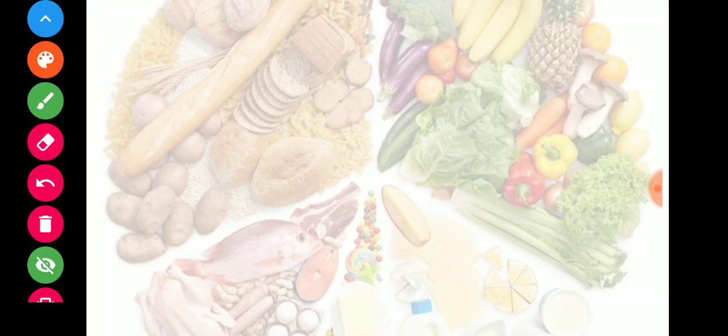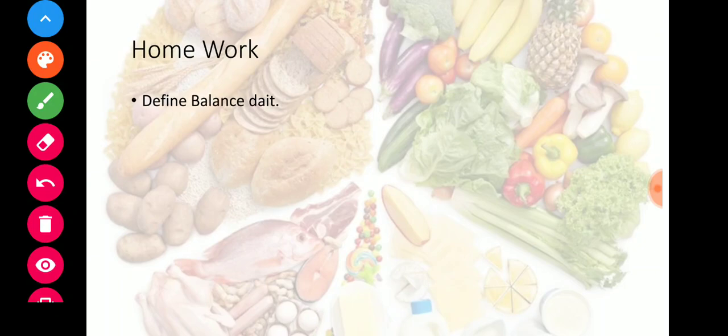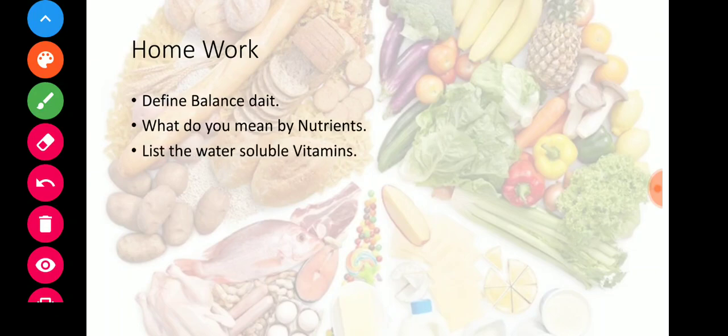So, on the basis of this chapter and the topics which we have discussed today, we will go for some homework. Define balanced diet. What do you mean by nutrients? List the water soluble vitamins.